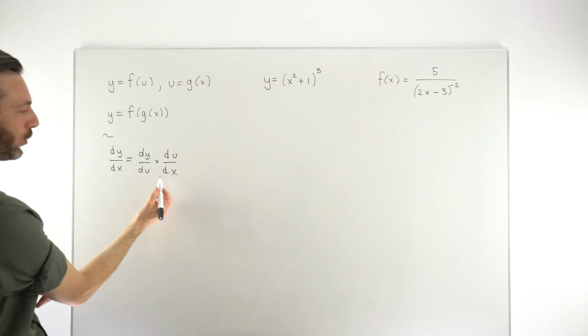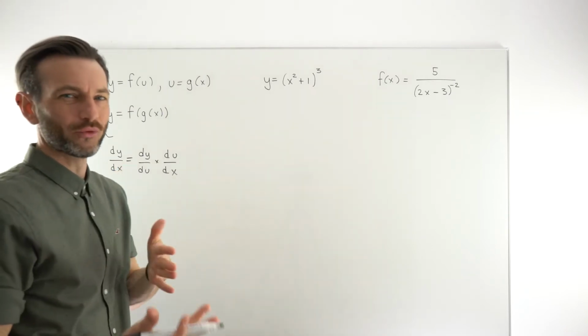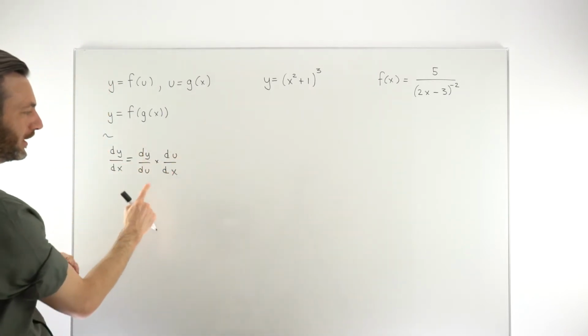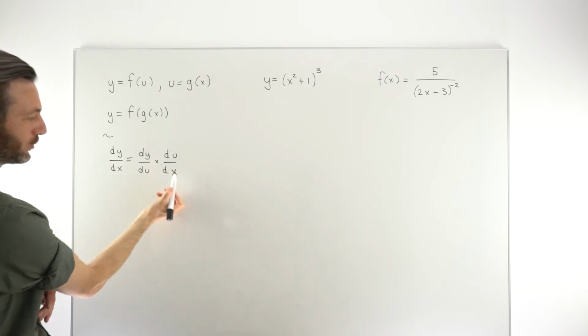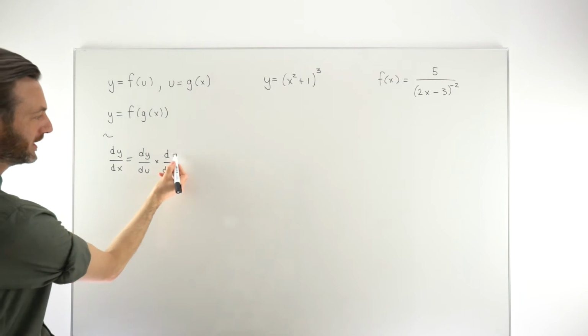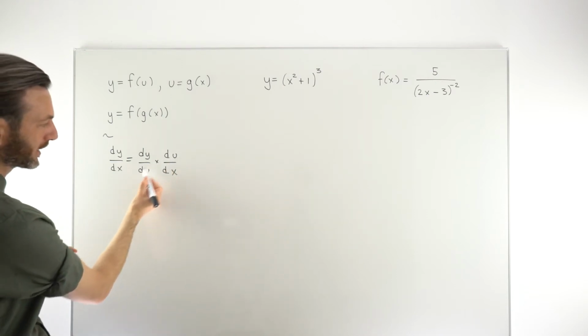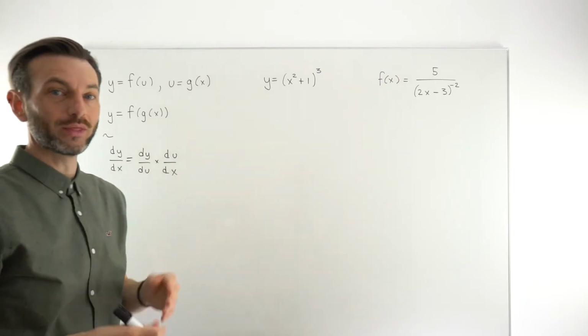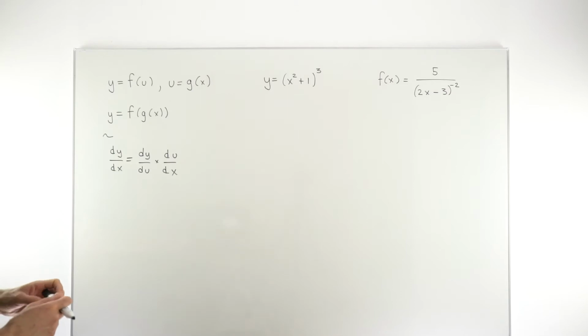Notice that this is almost like fractions. They're not fractions in the sense that they're derivatives, but dy dx is what you would get if you multiplied these two like fractions together, because the du on the top and the du on the bottom would cancel, and you'd be left with dy dx. That's one way we can conceptualize this.